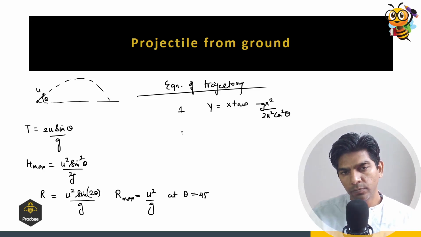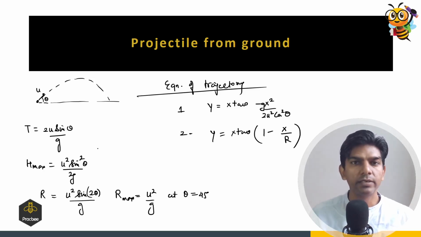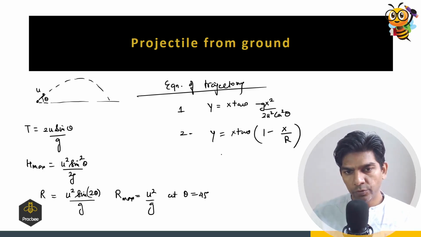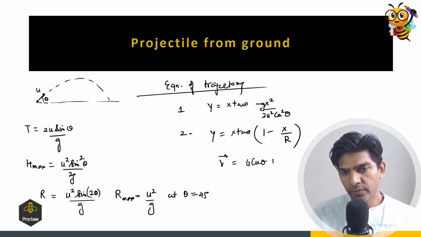And the second form will be y is equals to x tan theta into 1 minus x by R, where R is the range of the projectile. And if we want to find the velocity, so velocity will be u cos theta i cap plus u sine theta minus gt j cap at a particular time.